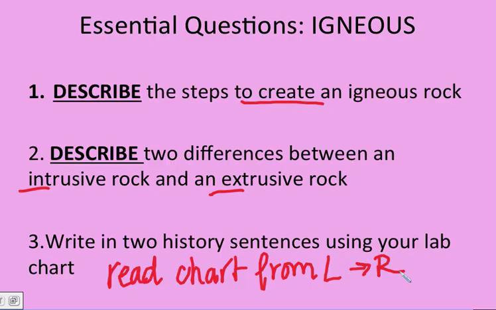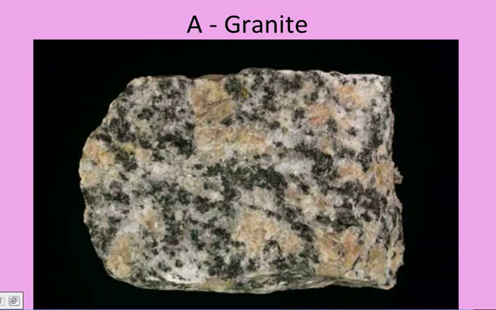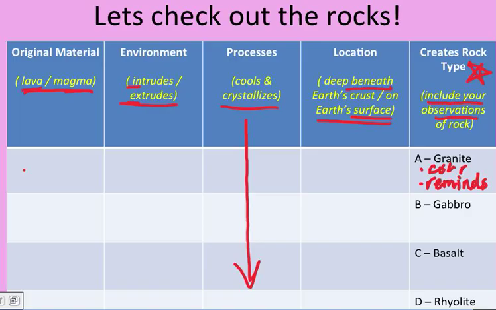So again, you're just going to go through that list, putting in the words that you use. So put all 5 of your boxes into one sentence. This rock type is from lava in this location. It cooled and crystallized here to make granite. And again, pick 2 rocks, so you might have a different one than your neighbor. There's 4 here. I'd like you to do 2. As you do the rocks, please make sure you get them back to their right location.